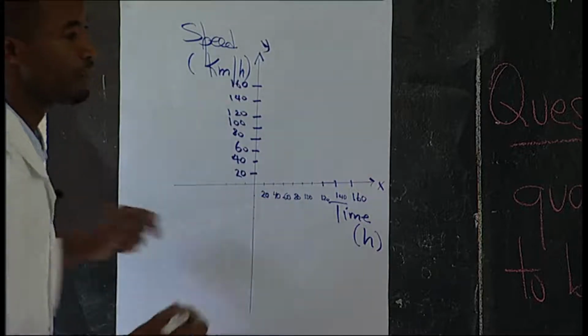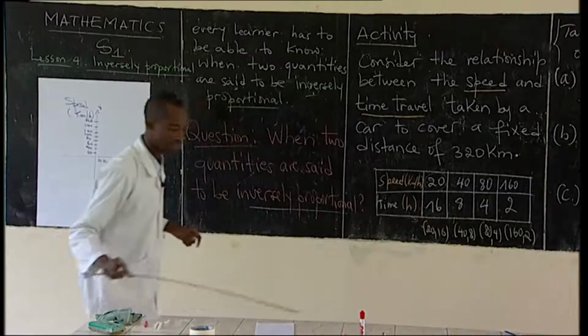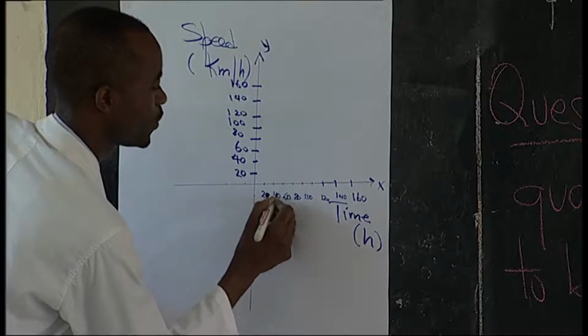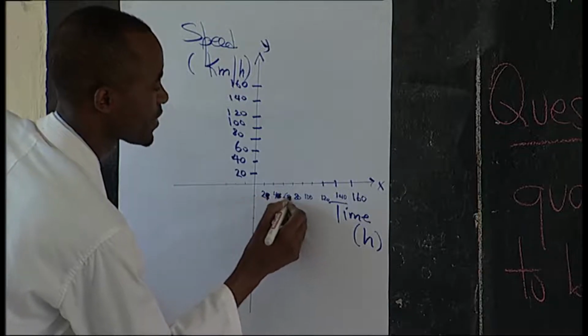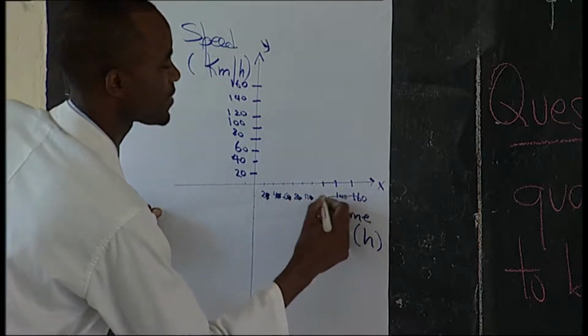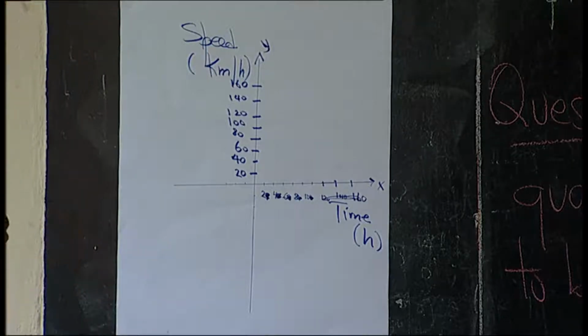And of course, here we have time, and the time changes. Let's say this is 2, 4, 6, 8, 10. We will probably draw it on this one, and you can look at it well.